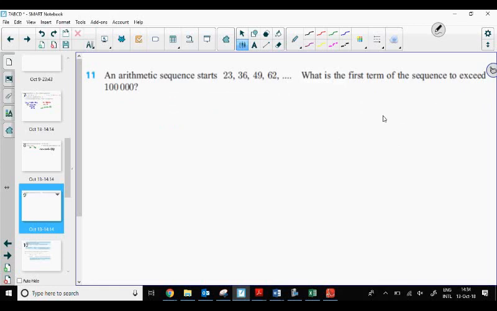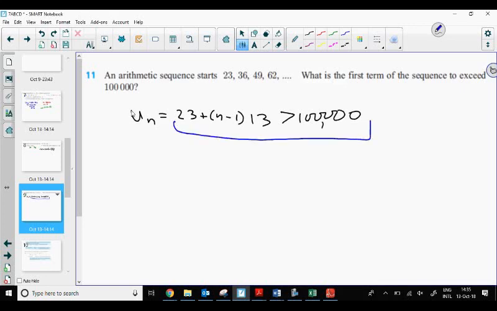And it's a pretty similar story here. We've got an arithmetic sequence, so I could say that u sub n is equal to 23 plus (n minus 1) times, looks like they're going up by 13, and we want a term of this sequence to exceed 100,000. So I'm just going to set that greater than 100,000, and then we'll solve this inequality for n.